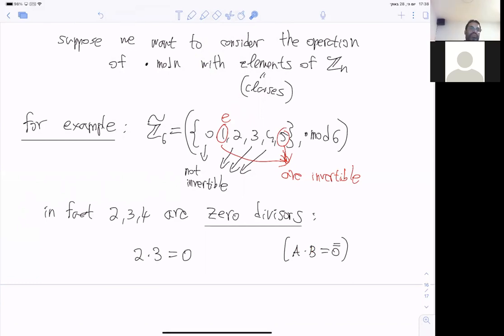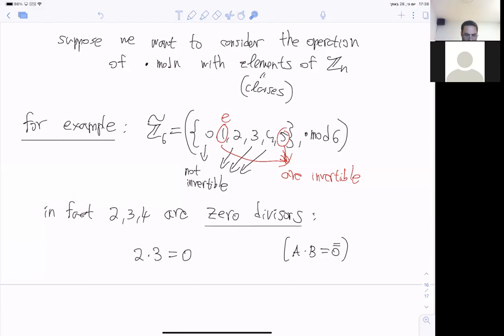I mention it because once you have such zero divisors, you cannot say that if AB equals AC, then B equals C. You cannot just cancel out.